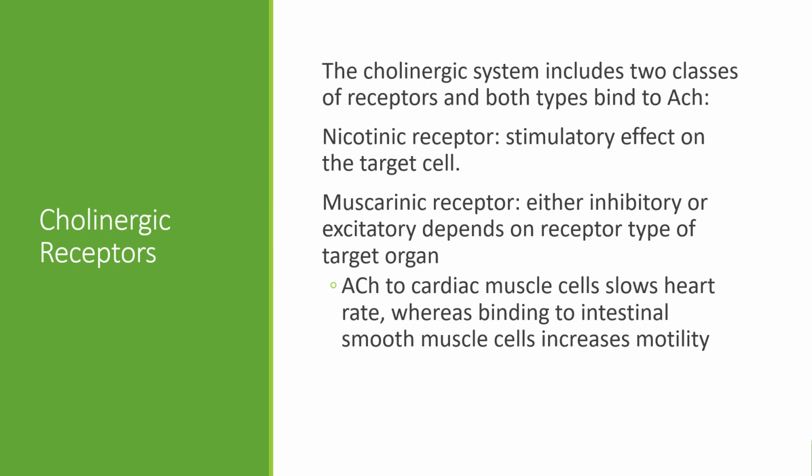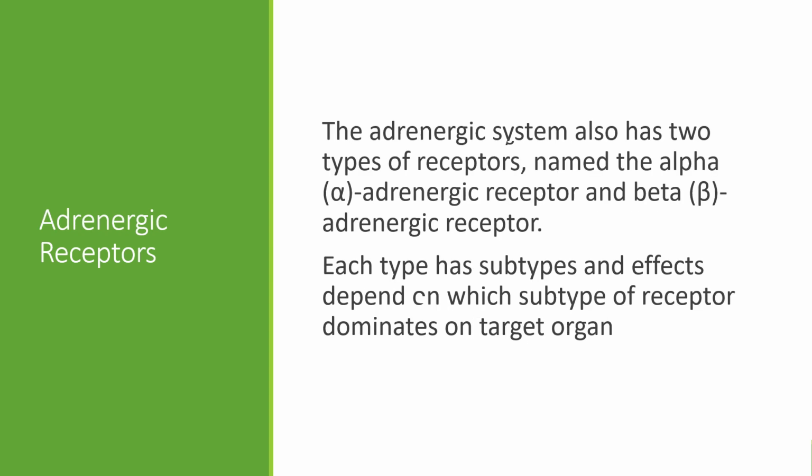It was stimulatory. Acetylcholine at the heart with a muscarinic receptor is going to be inhibitory. When we look at that at the intestinal smooth muscle cells, it's actually excitatory. So again, we look at the receptor, we look at the neurotransmitter, we look at the receptor type, all sorts of things to determine if it's excitatory or inhibitory.